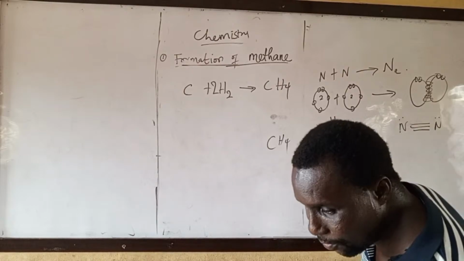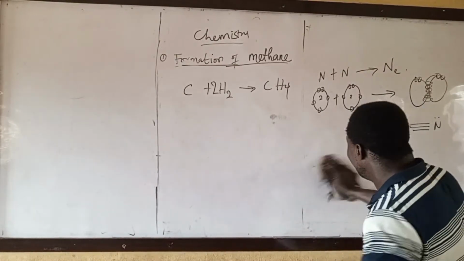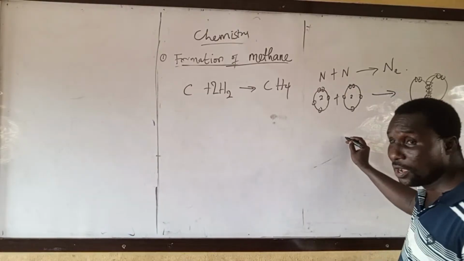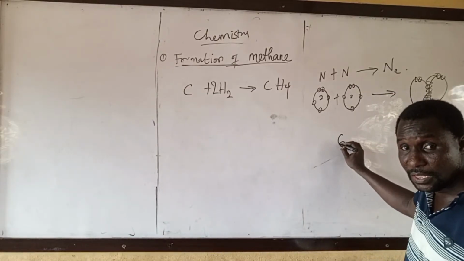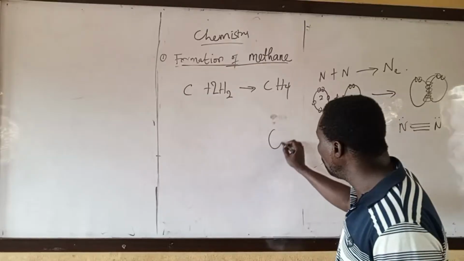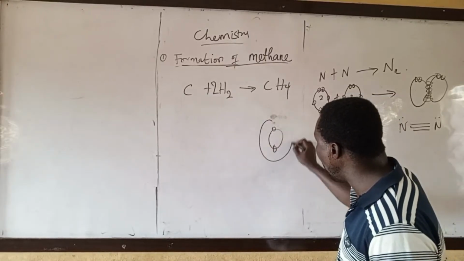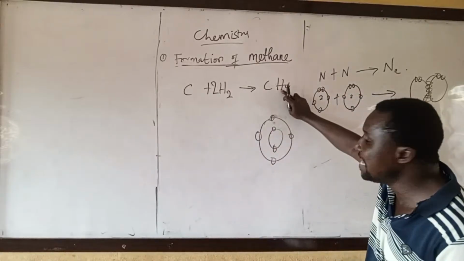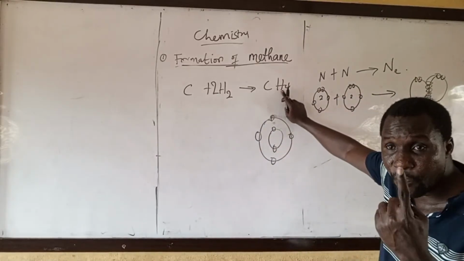Okay, this is it. What is carbon? Atomic number 6, so you have 2 and 4. Then how many hydrogen attached to it? 4.